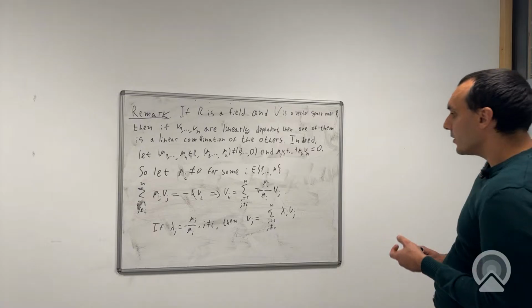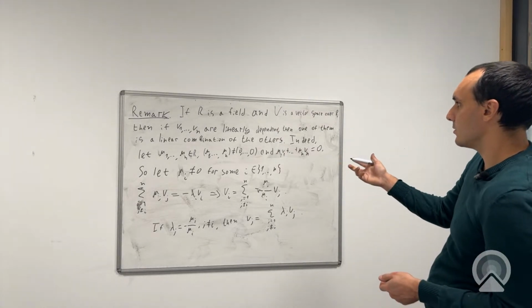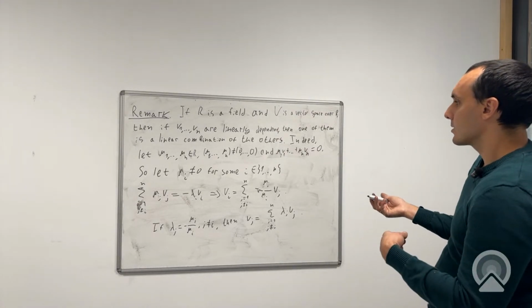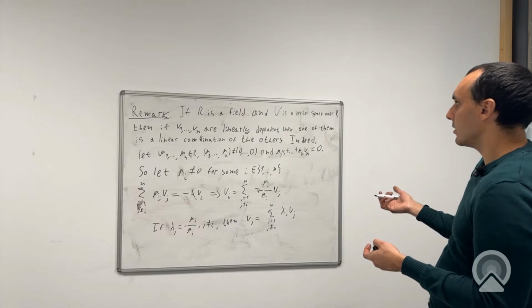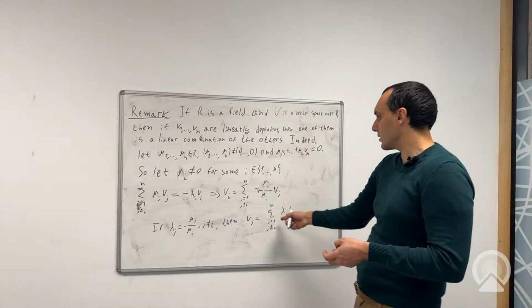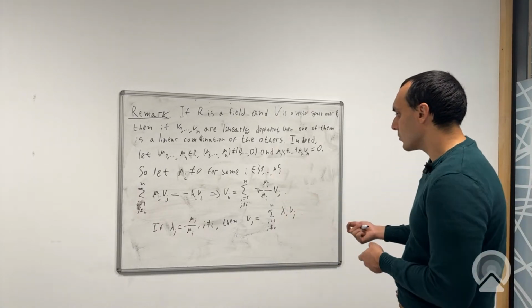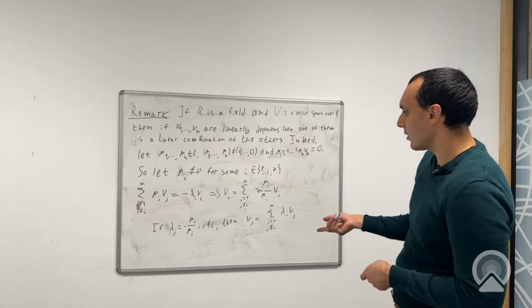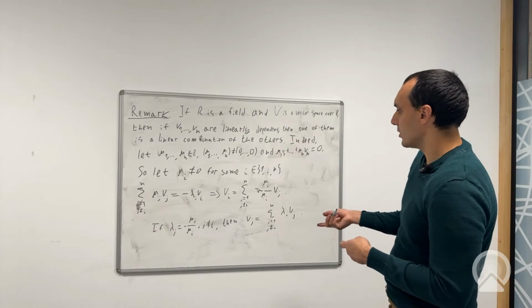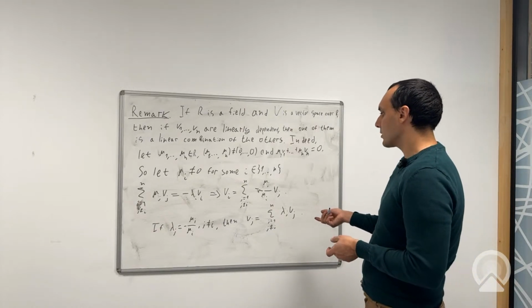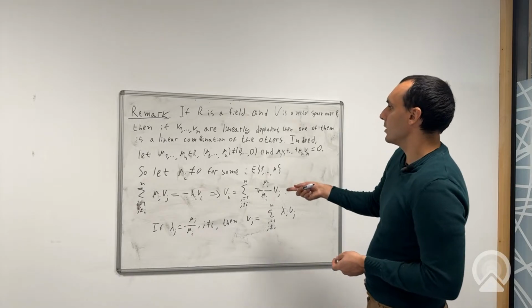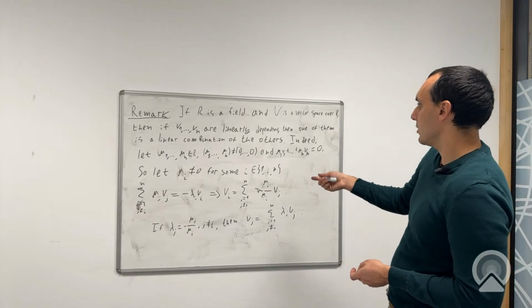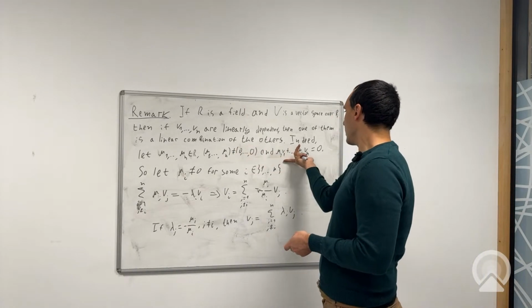So if we are on a field, the equivalence of some set of vectors being linearly dependent is that one of them is expressed by the others. But as we saw, this is not true in general for modules over commutative rings with unity. So we prefer this definition here.